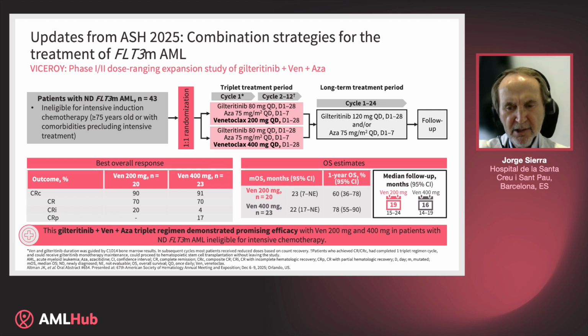And in this study, the main message is that the two possibilities, the two combinations, are effective and associated with good median overall survival: 23 months with 200, 22 months with 400.